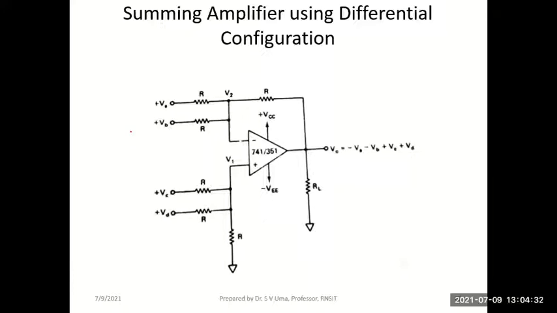Can you show how the expression for output voltage will be minus VA minus VB plus VC plus VD? Just try to do it. Use the superposition theorem, as usual. Or if you remember the expressions, you can do it a little faster.